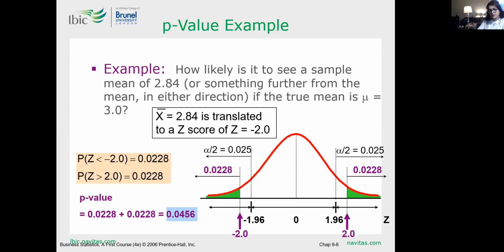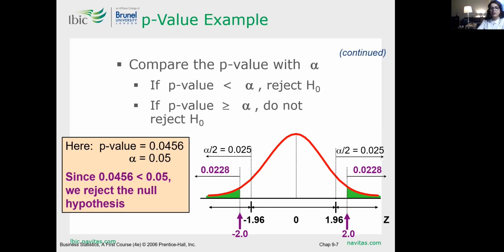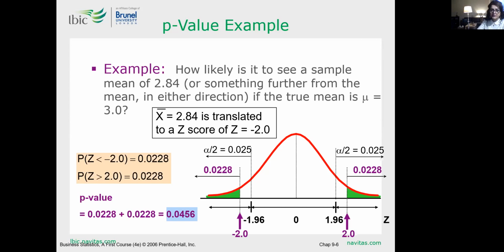For an alpha of 0.05, half of that for one tail is 0.025, and on the right-hand side the same as well.